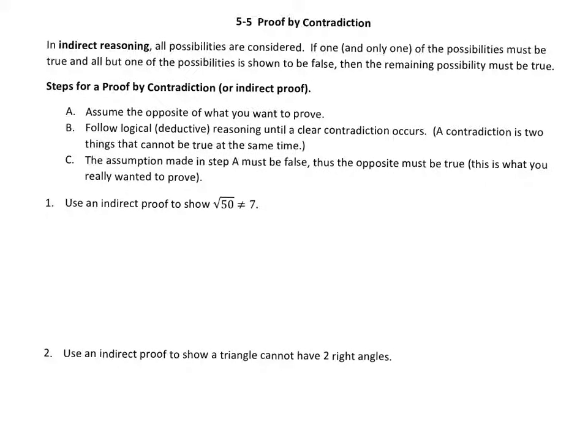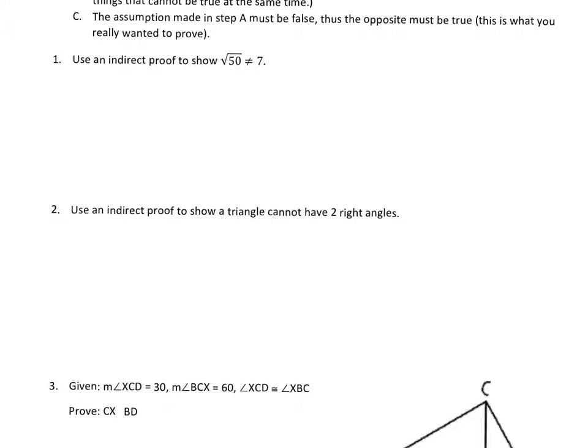In our first example, we're just trying to show that the square root of 50 does not equal 7. So you might start off this proof just by stating your options. You would say, either the square root of 50 does not equal 7, or the square root of 50 equals 7.